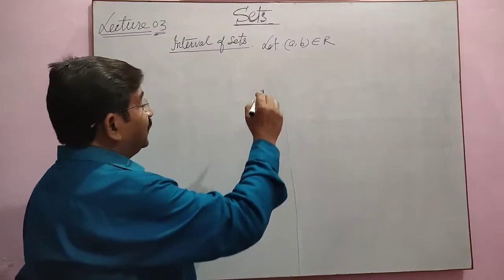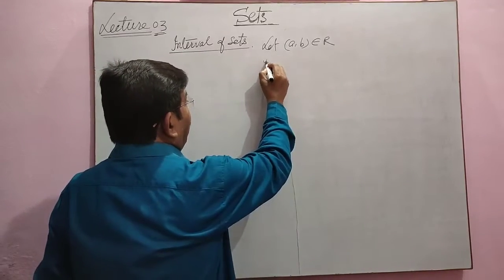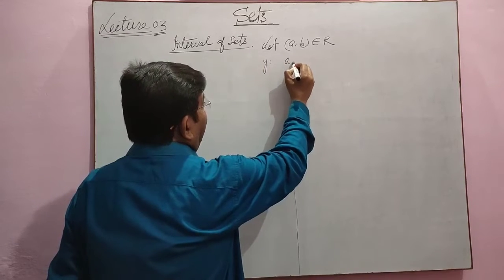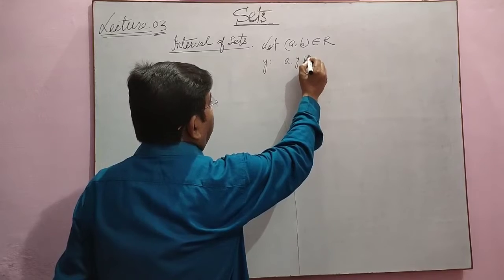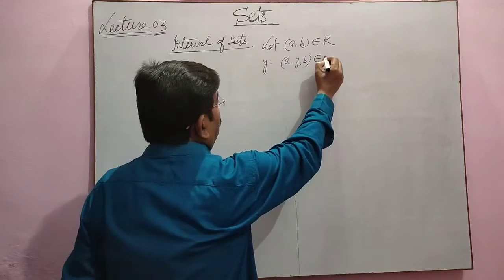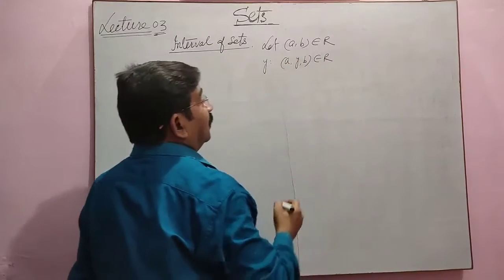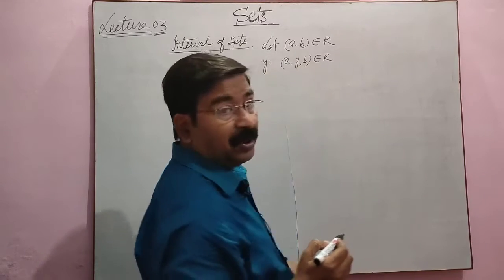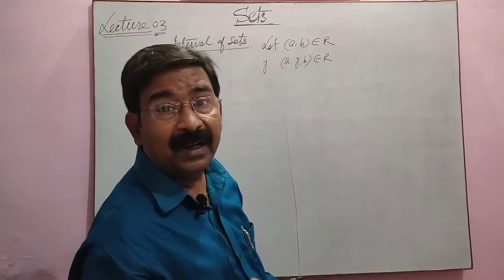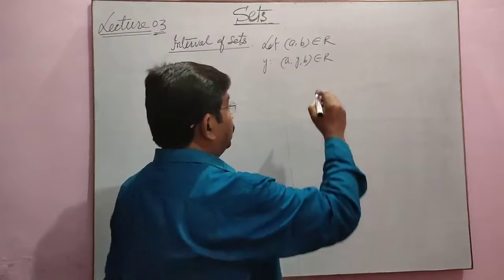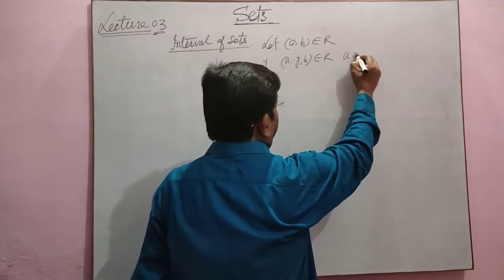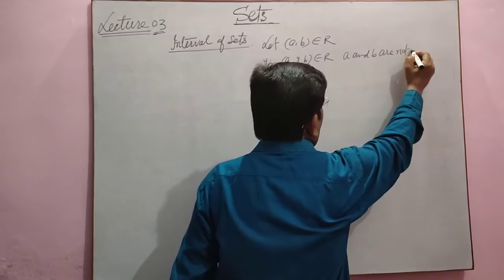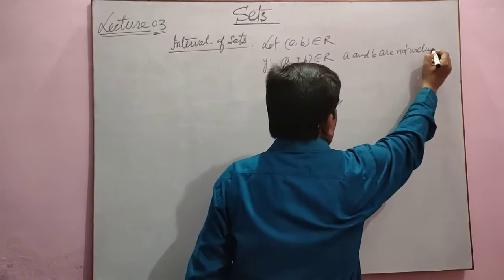So we can say y such that A < y < B, y belongs to R, and A and B are not included.